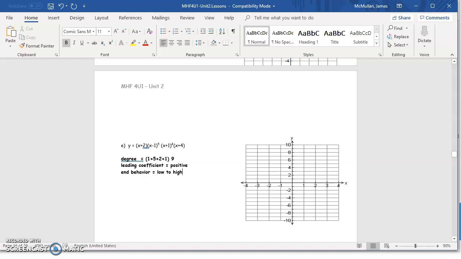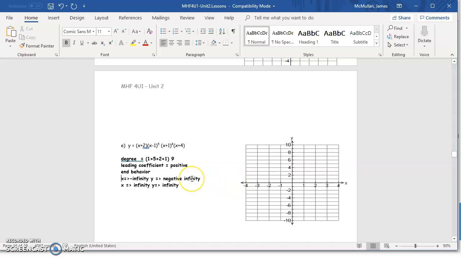Again, I do not want you to write low to high on a test. I want you to write x approaches negative infinity, y approaches negative infinity, and x approaches infinity, y approaches infinity. High to low or low to high is just a common sense way of saying it, but it's not the way I want you to say it on a test.